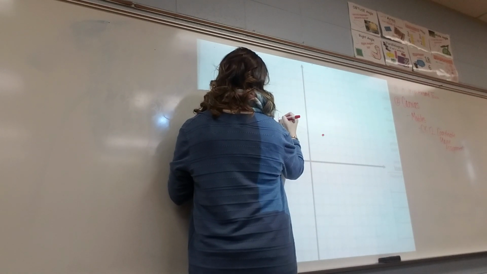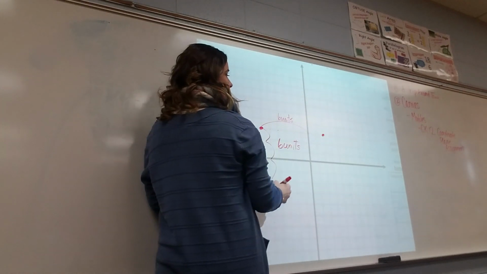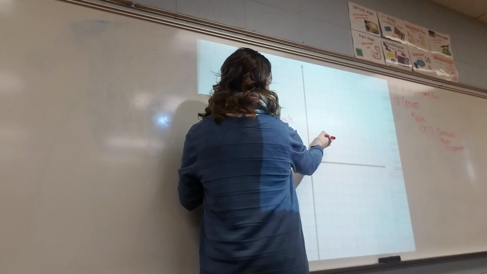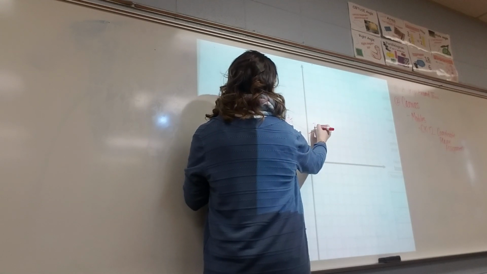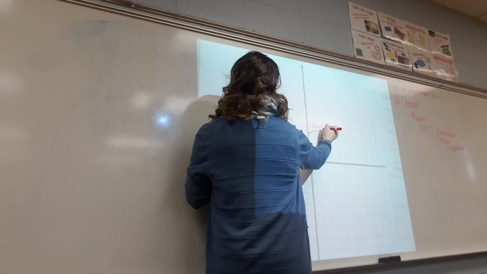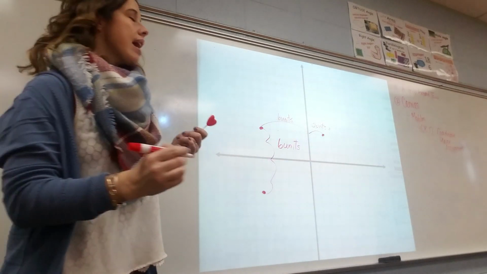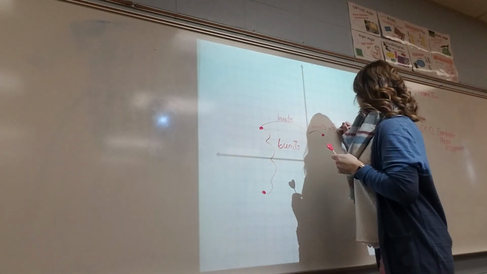So it's 6 units from 0. And then from 0, I have to get to this point, which is 2 more units. So the distance between those two points would be 8 units.